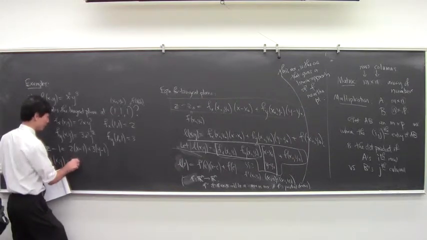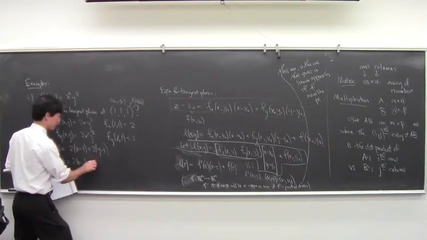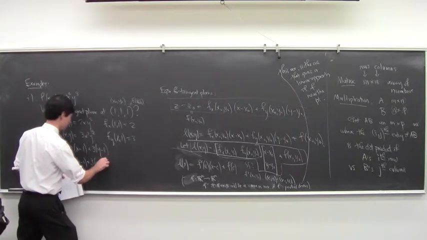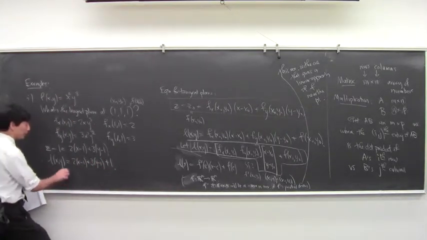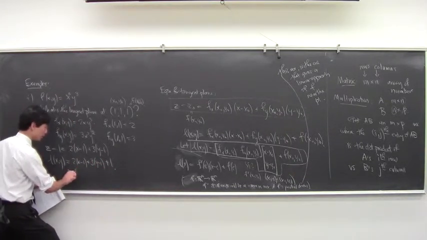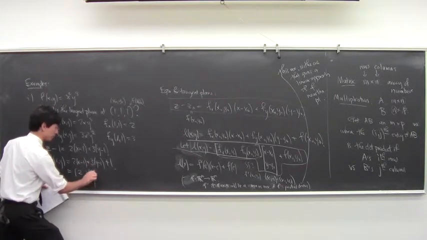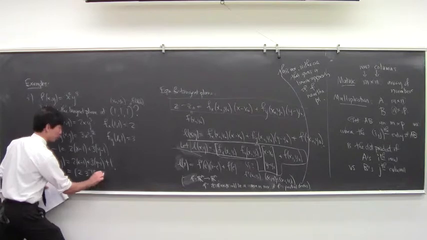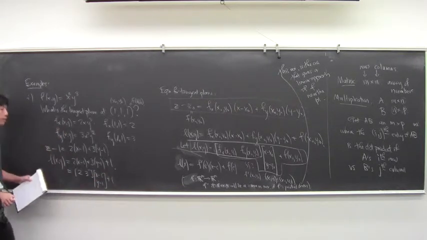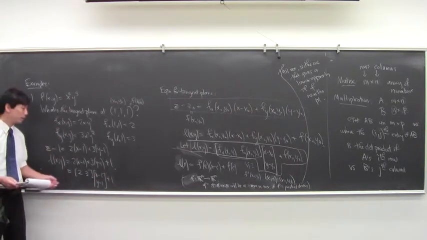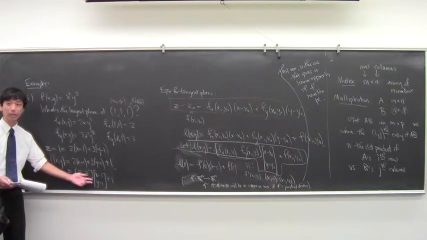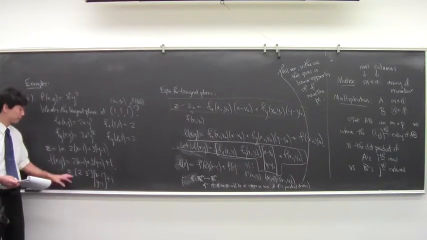So you get this thing plus 1. And if you wanted to, you could write this in a more suggestive manner, like this. This is in reality what's really going on here.